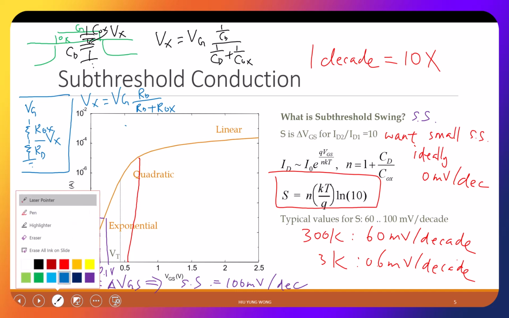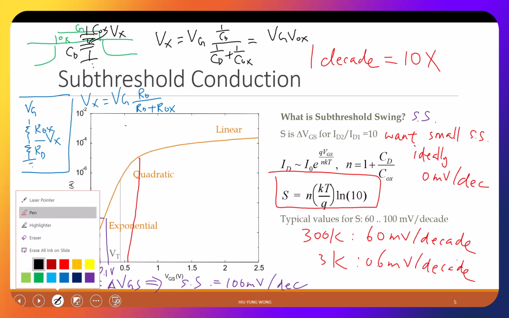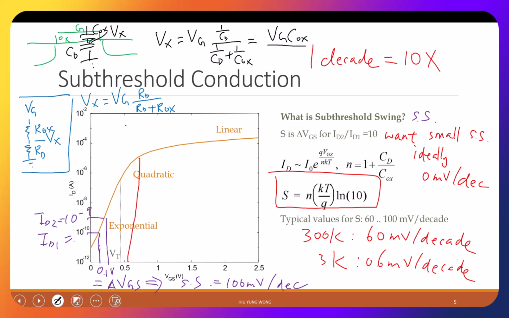The main point here is that Vx equals Vg times Cox divided by Cox plus CD. Okay, let me remove this one.